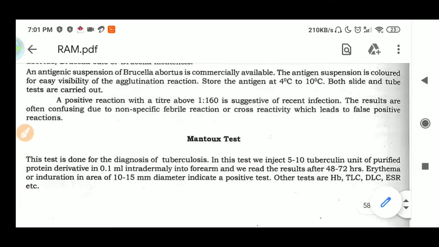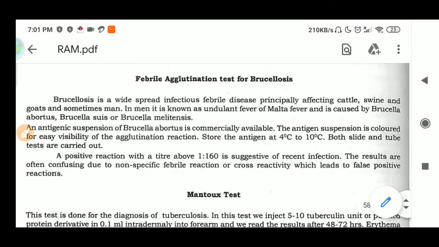Alright. So the next topic we'll discuss is the febrile agglutination test for brucellosis. So what is brucellosis? Brucellosis is a widespread infectious febrile disease principally affecting cattle, swine and goats and sometimes man.